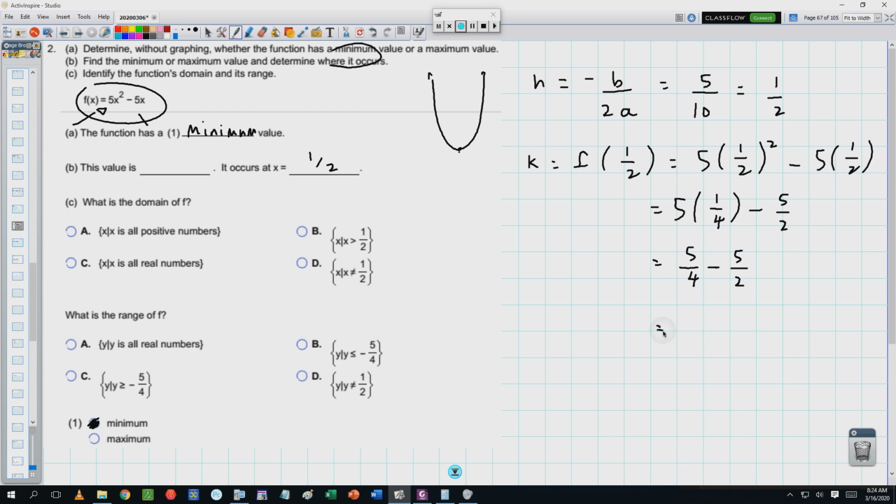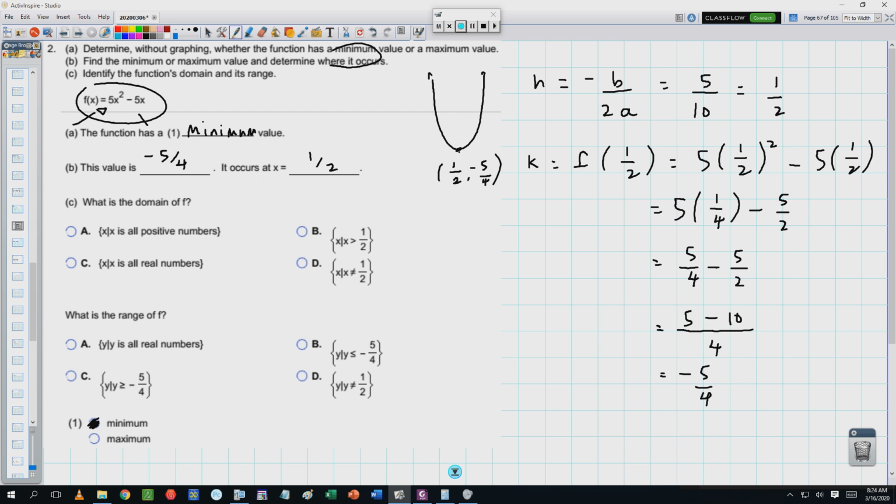Get a least common denominator between the 4 and the 2, which will be a 4. 5/4 won't change. 5/2 will change. You'll need to multiply the top by 2, so now we have 10/4. We have negative 5/4. And that will be what the minimum value is. All right, so think about the parabola, and this bottom point here is 1/2, comma, negative 5/4.